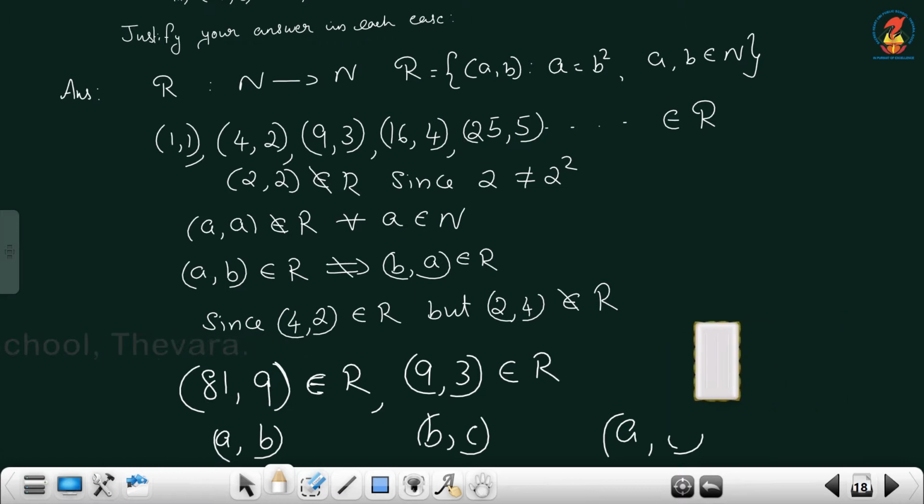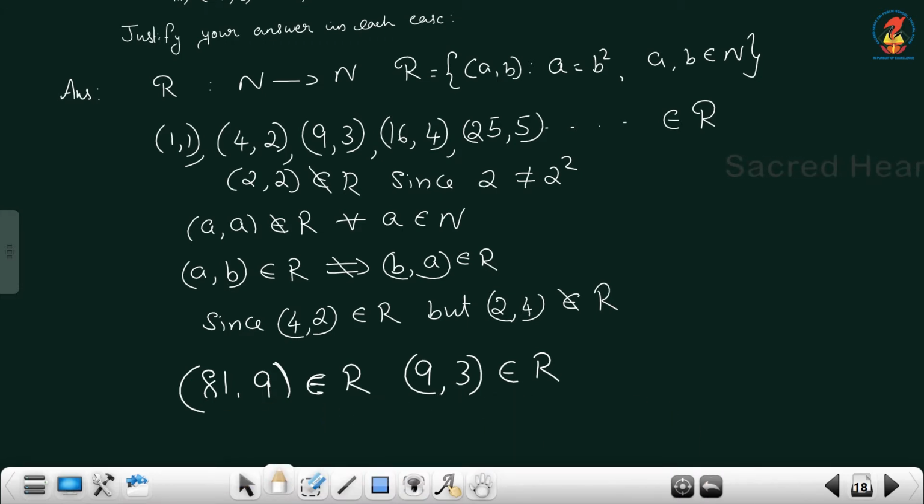No. So this statement is wrong. (a, b) and (b, c) belong to R does not imply (a, c) belongs to R, because of this reason.